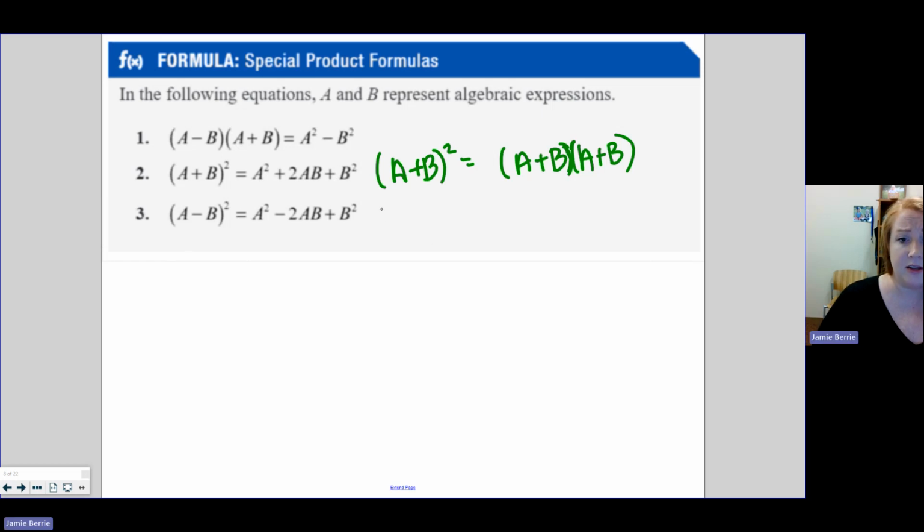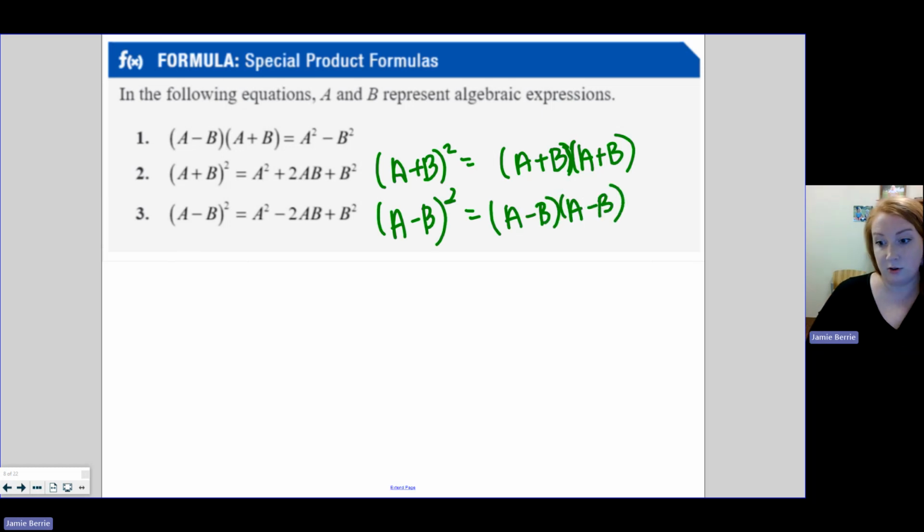And then similarly, if you have A minus B quantity squared, that is really the same thing as A minus B times A minus B. Then you're going to FOIL that out. That's going to get you to A squared minus 2AB plus B squared. So you can see the only difference here is that first sign. The sign on the middle term is the only difference between those two.